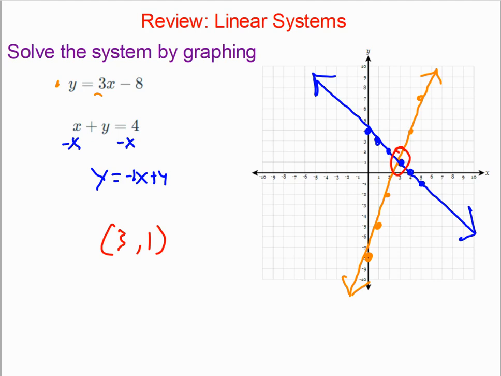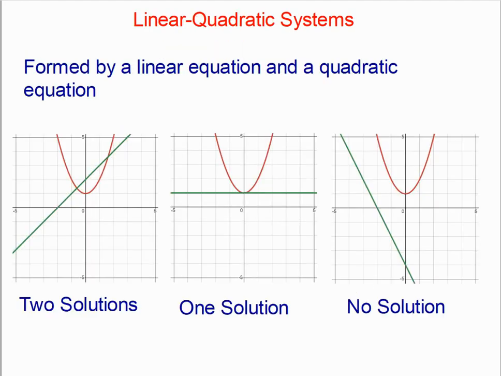And the only thing that's going to be different today is that now instead of having two linear equations, we're going to throw a quadratic equation in there. So a linear quadratic system is a system that's formed by a linear equation and a quadratic equation.